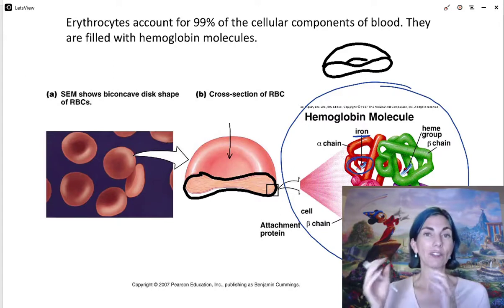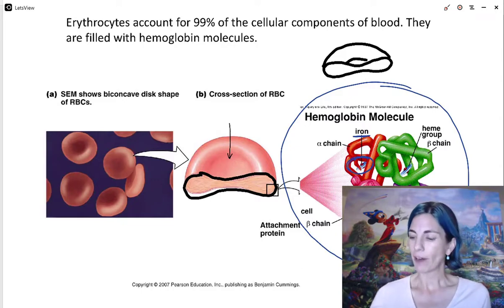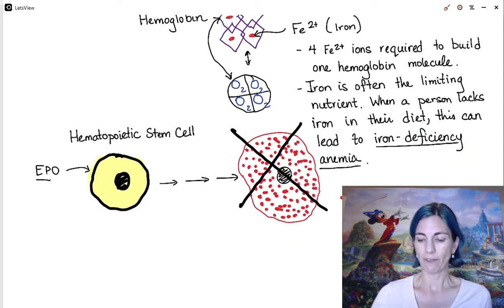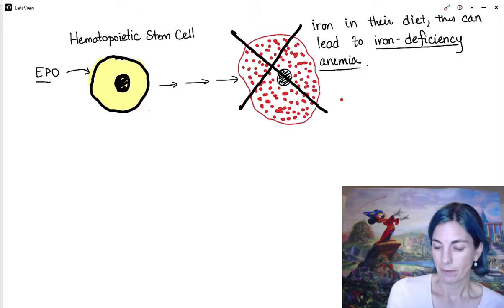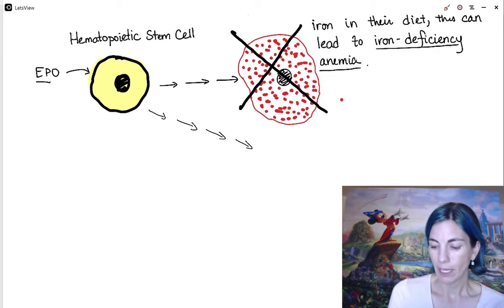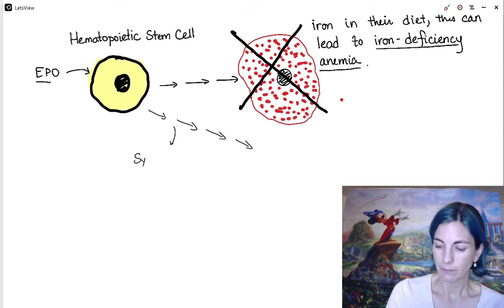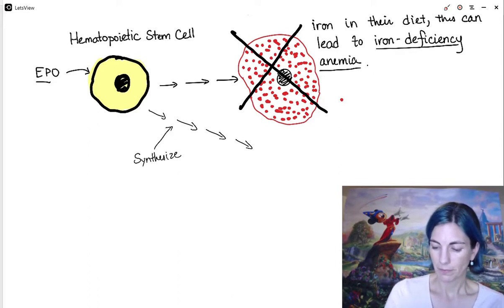So now that I've shown you the punchline, what the red blood cell looks like, let's come back up and figure out how the heck we got here in the first place. When we go through differentiation, this is what actually happens, so go ahead and draw this down. The cell is going to synthesize a bunch of hemoglobin.